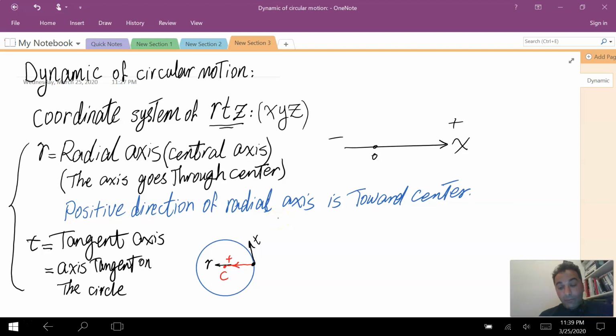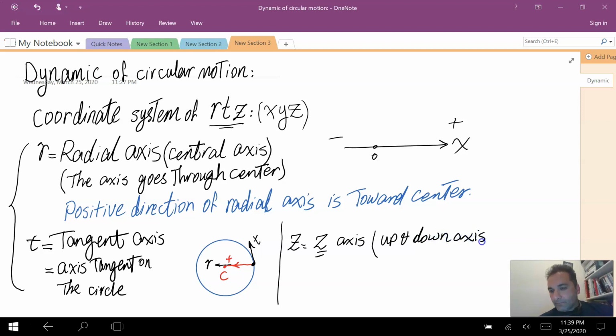Now, what does Z mean? Z is the Z-axis. Z is the same as Y in two dimensions. It's the up and down axis.